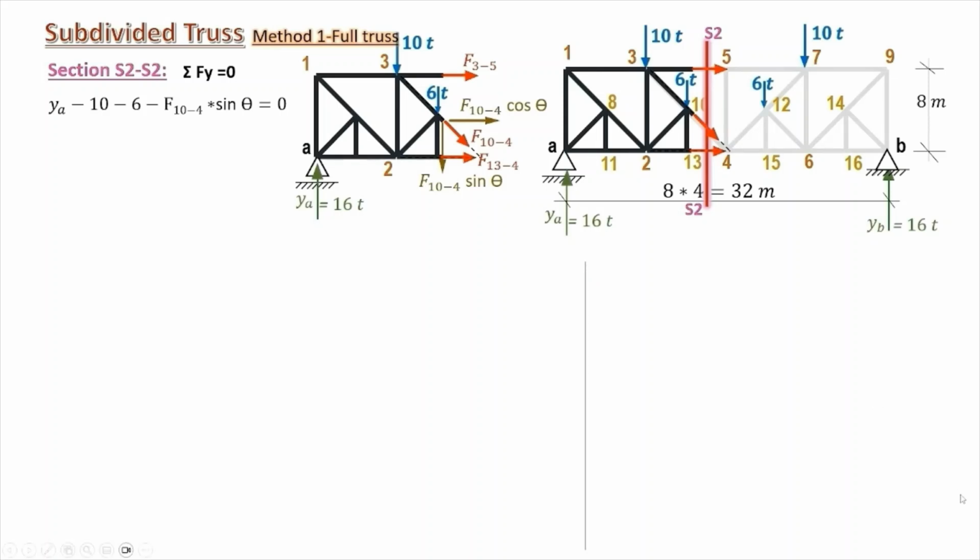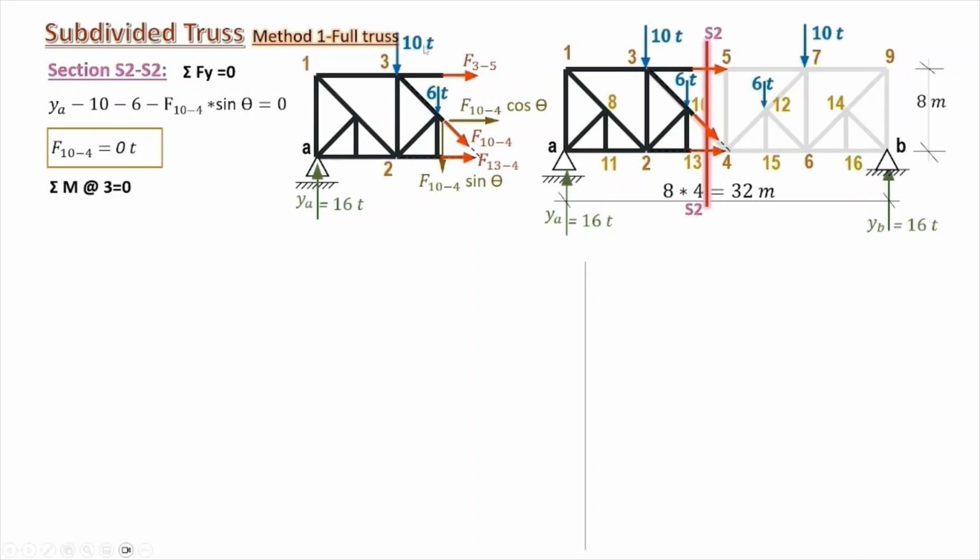Taking the equilibrium in the y direction, we get rid of the forces in 13.4 and 3.5, which is a very wise equation to start with, because now we have just one unknown, which is 10.4, in this equilibrium equation, and we compute it to be 0.